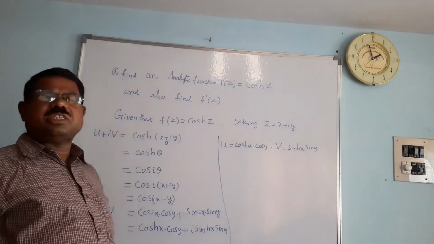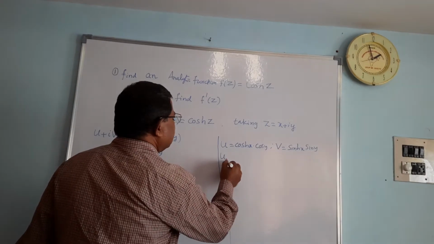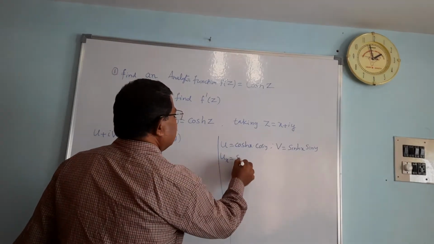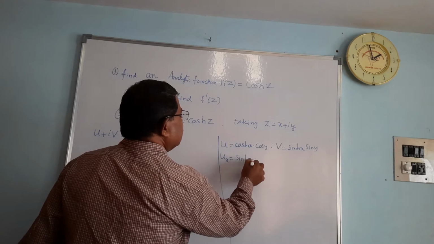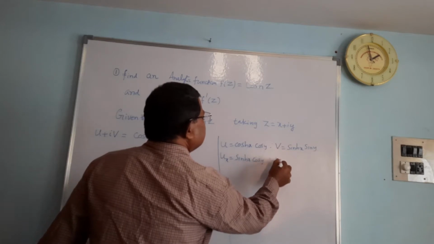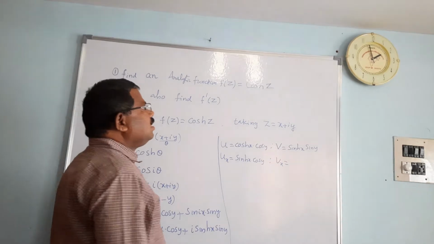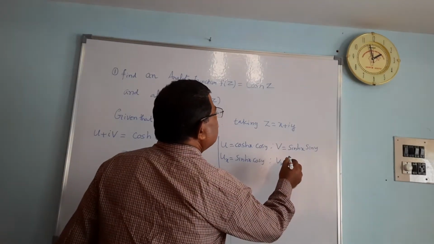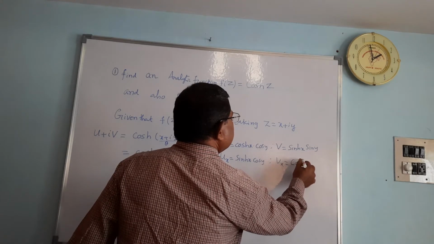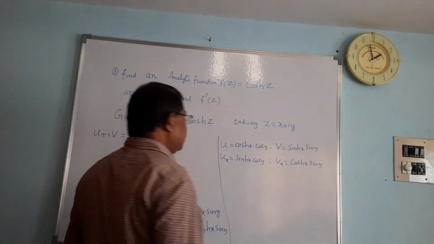Differentiating partially with respect to x and y. Ux: the derivative of cosh x is sinh x, and cos y is constant, so ux is sinh x cos y. Vx: differentiating partially with respect to x, cosh x sin y.